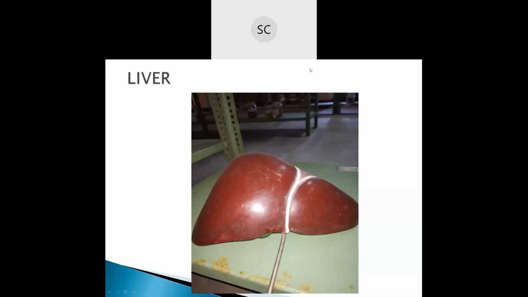Tell me about the function. It has a main job within the digestive system. It processes the nutrition obtained from the small intestine, and waste from the liver gets into the small intestine. It also plays an important role.